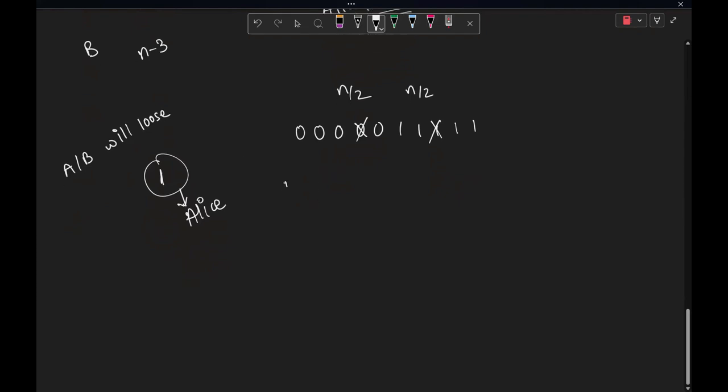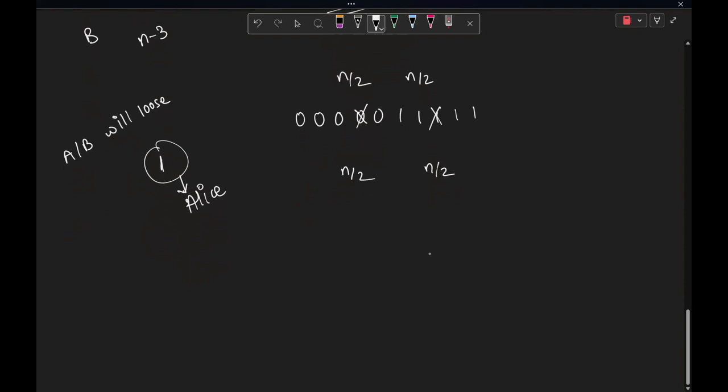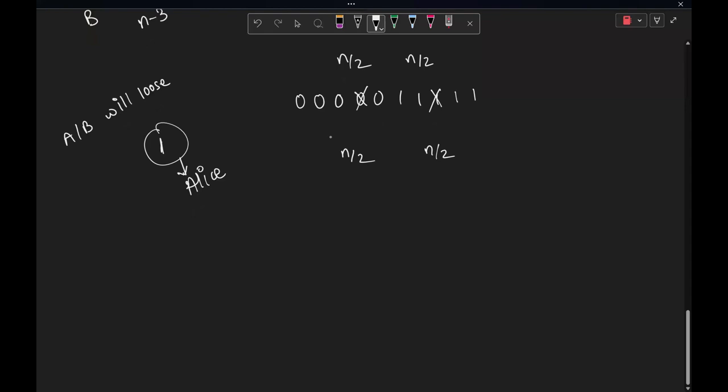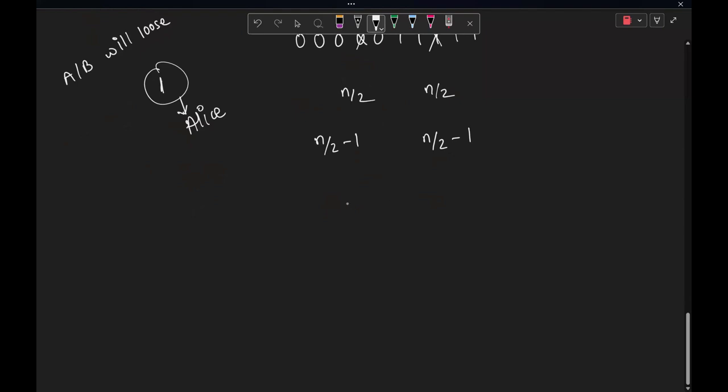Initially 0 and 1 would be present n by 2 and n by 2 number of times. After 2 turns, let's say if Alice chose a 0, Bob will choose a 1. So that after 2 turns, the number of occurrences of 0 and 1 would be n by 2 minus 1 and n by 2 minus 1.